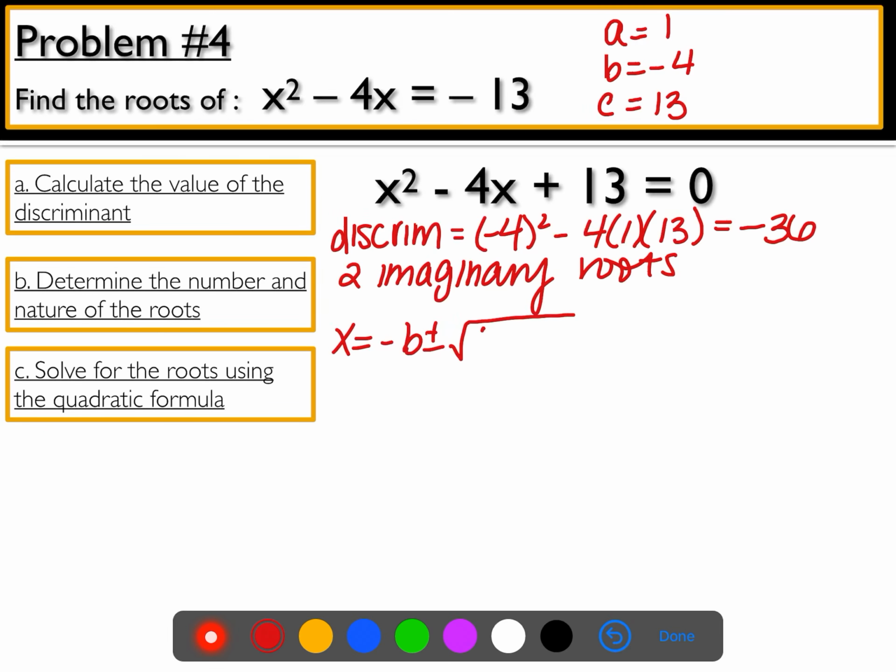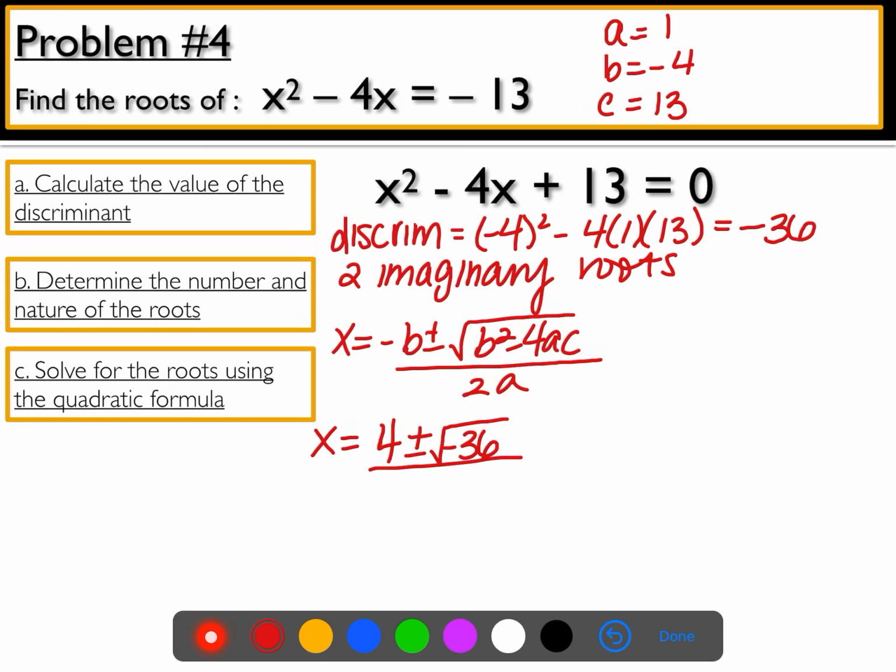So let's see what our roots are going to be. Opposite of b turns into a +4. We're just going to carry down that -36. Why redo the work? Over 2 times 1.